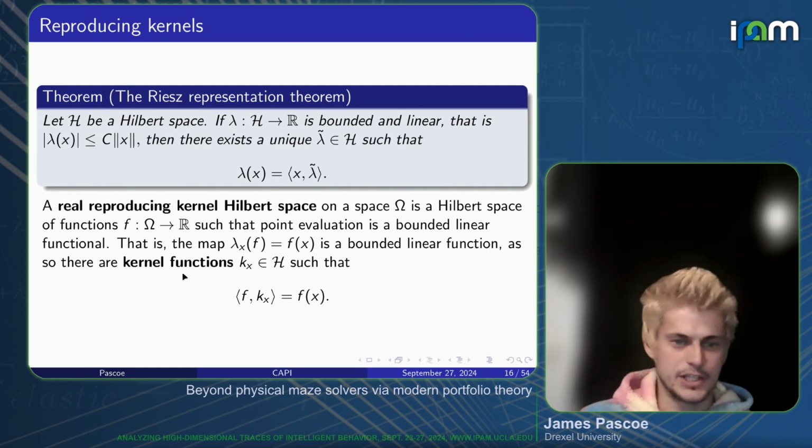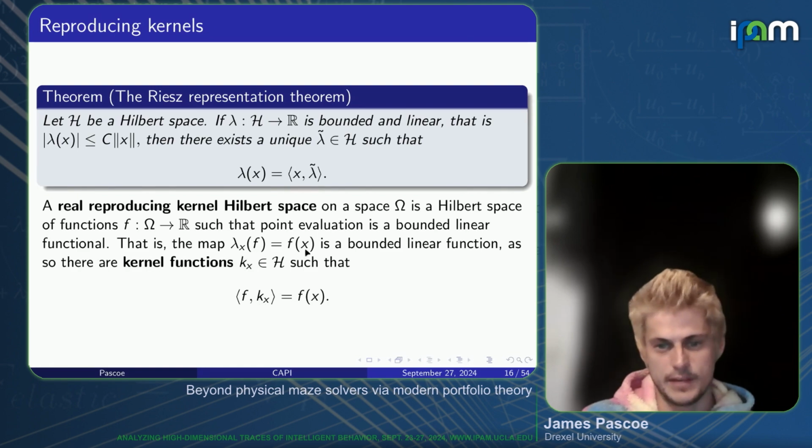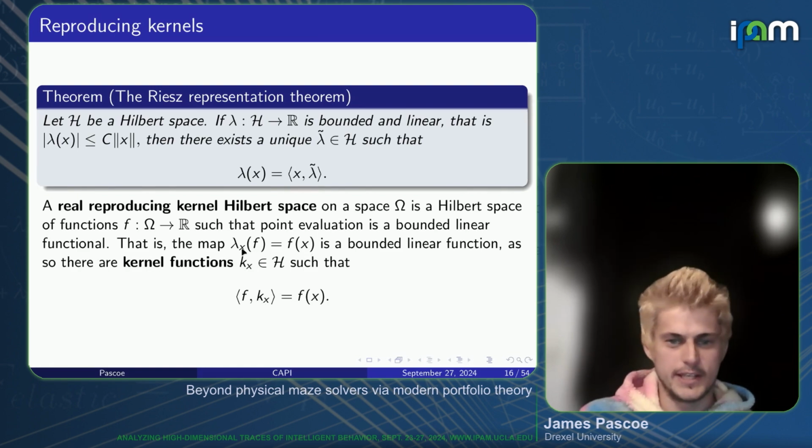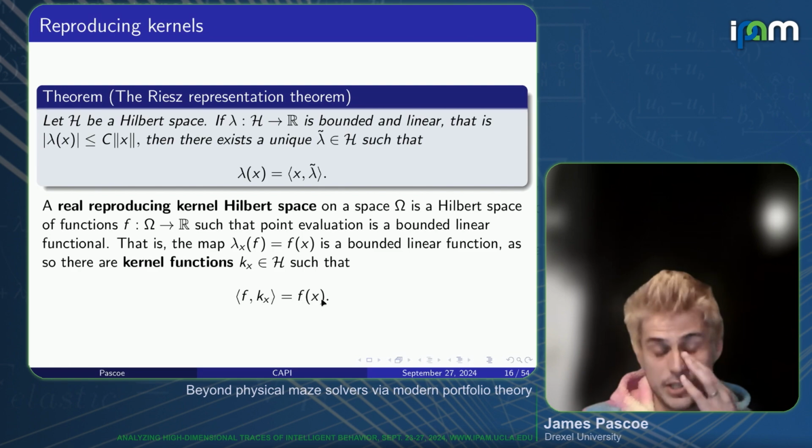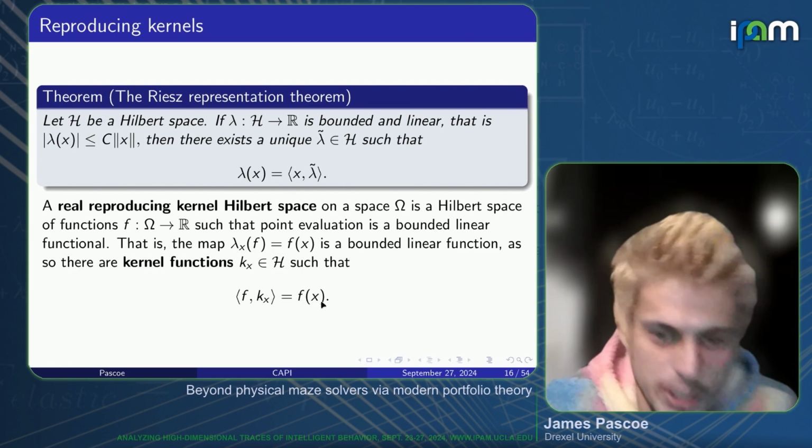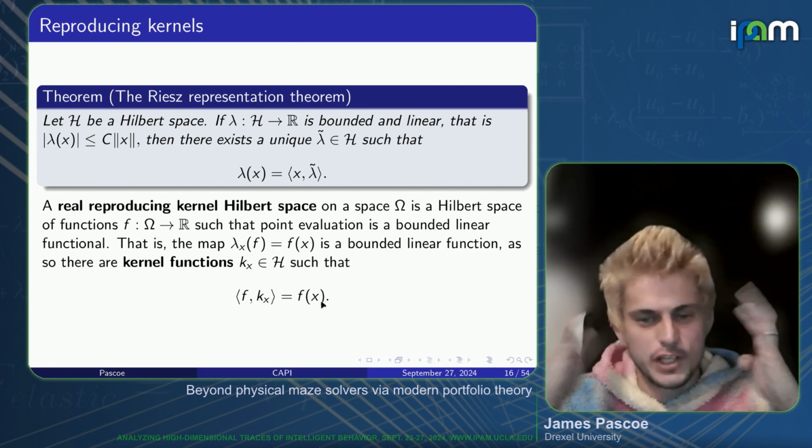And so this means that there have to be these special elements of our Hilbert space called kernel functions. Because I had lambda of x hitting f was f of x. So because this is a bounded linear functional, there has to be some vector kx such that whenever I take f hitting kx, I actually get f of x. And so this allows us to self-comprehend function values.